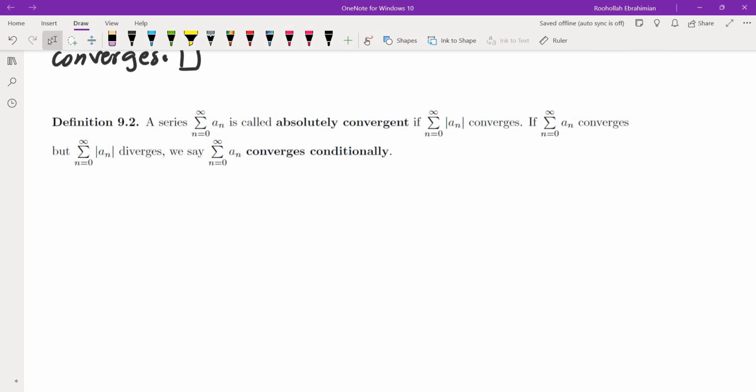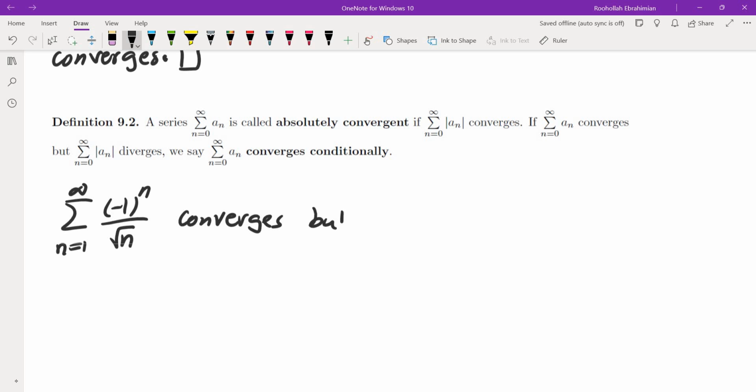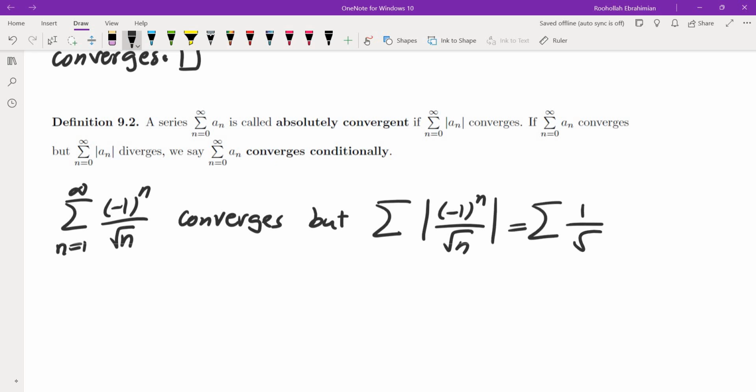Let me give you an example. If you look at the sum of negative 1 to the power of n over root n, we know this converges. We just proved this. But if you look at the sum of absolute values, we get the sum of 1 over root n.